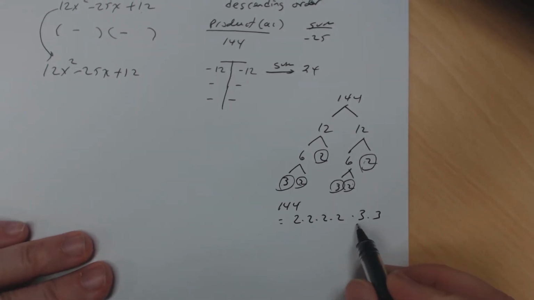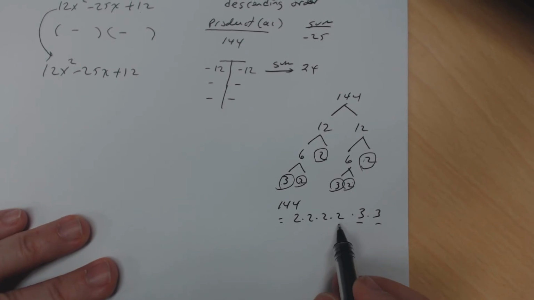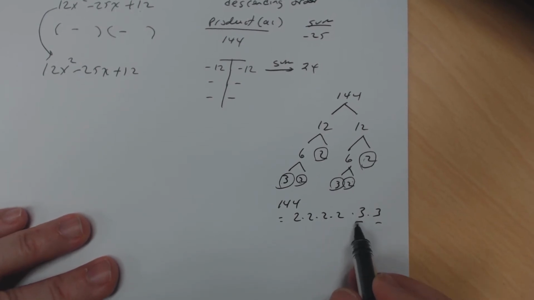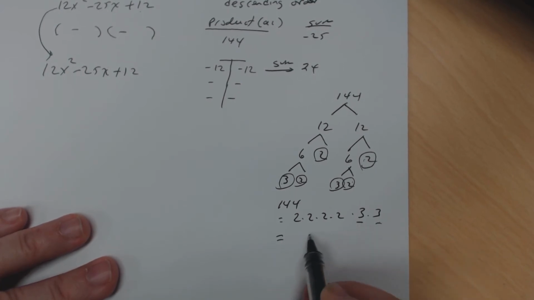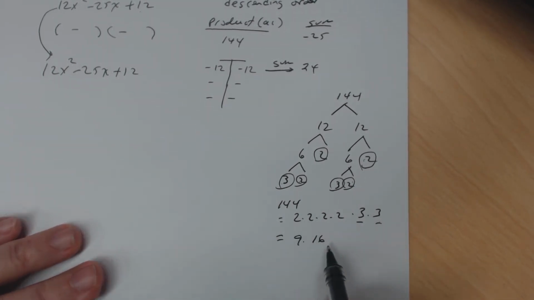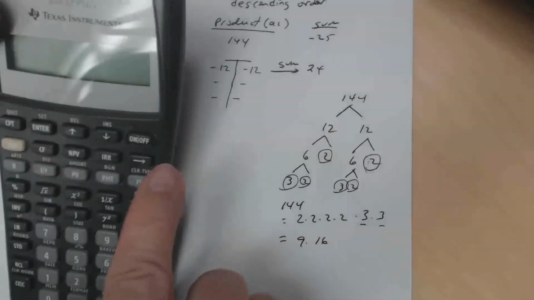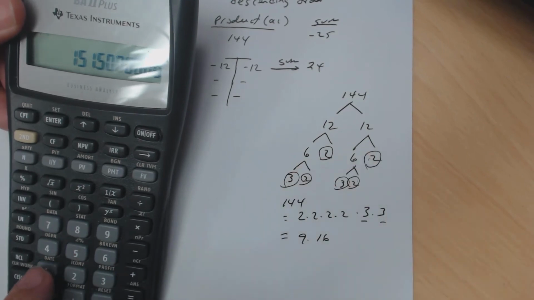So what I want to do is take, let's say, these two numbers multiplied by, actually, let's just say 9. So that's 9, and 2 times 2 is 4, 4 times 2 is 8, 8 times 2 is 16. If I multiply 9 by 16, I should get 144, because that's how I did the factor tree.